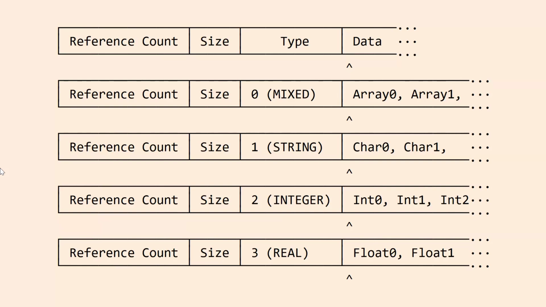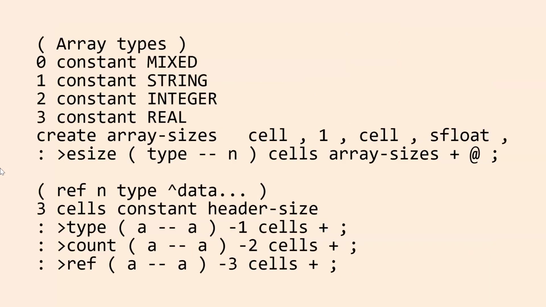And then critically, to make JSON possible, you can also have a mixed array type where you have an array of arrays, and that's how we'll build up the structure of JSON inside of this. So we can represent this reasonably easily. We can have an enumerated list of values for the type tags. We can have a little table that we build up for how big each of them are, and this e-size word to tell us how big a given type is.